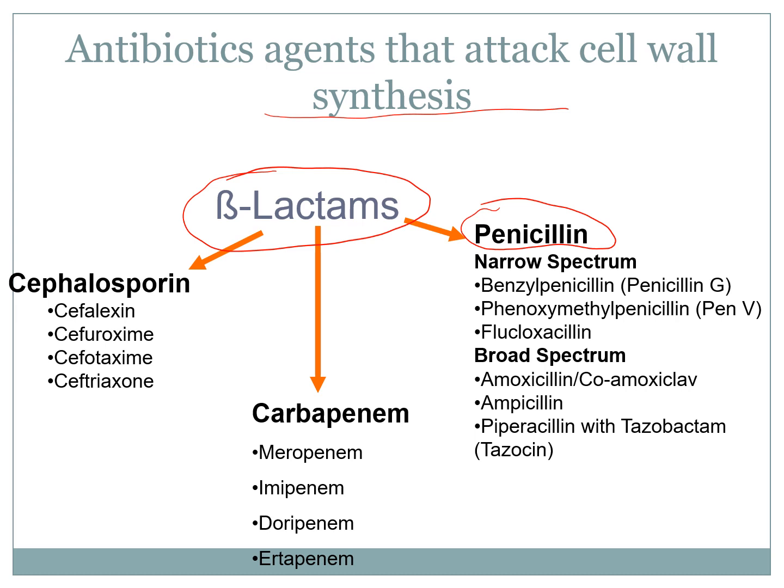The second most common group is obviously your cephalosporins, so cefalexin, ceftriaxone, all those ones that are commonly known. They're also beta-lactams, but they're given for more of a wider spectrum against gram-negative bacteria. So your cephalosporins are very widespread and used for gram-negative bacteria.